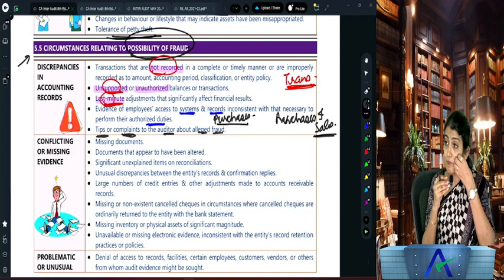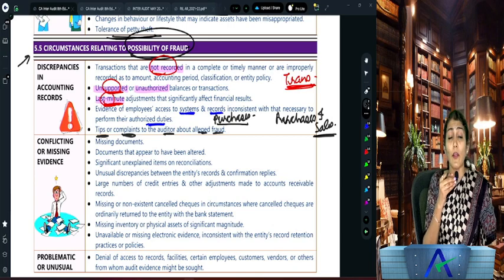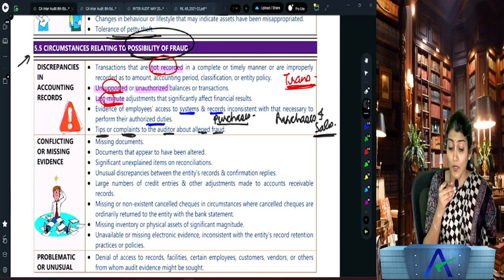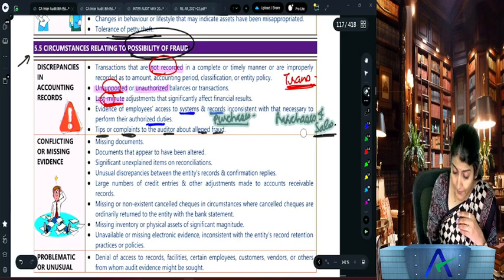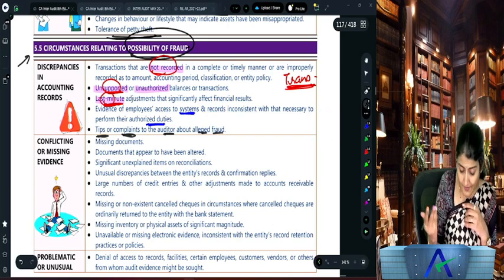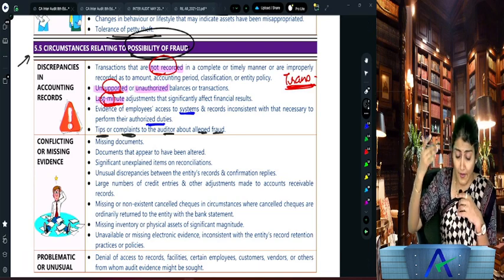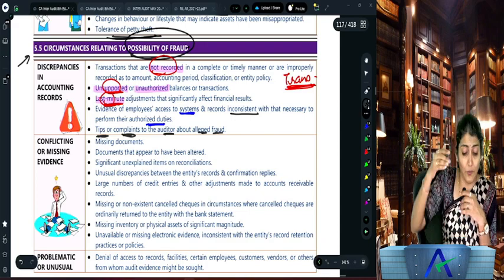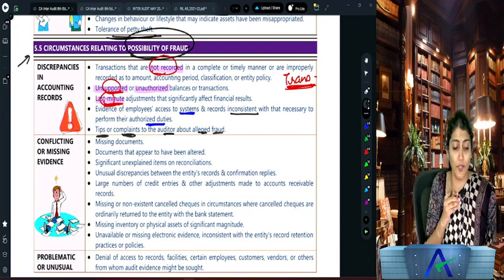This is the discrepancies in the accounting records. Accounting records means the transactions. What about the transactions? They are not properly recorded, or the transactions are unauthorized, or they are last minute transactions. Then employee access is not required for performing their duties. It is inconsistent with the need for them to perform the duties, and the tips or complaints to the auditor.